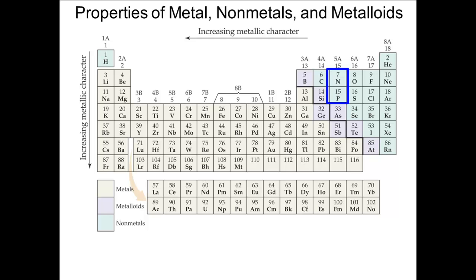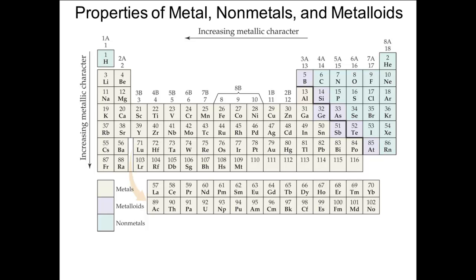Within a column, the nonmetals are at the top, and the metals are at the bottom, with metalloids in between. This leads to the observation that metallic character increases as we go to the left in a row and as we go down a column.